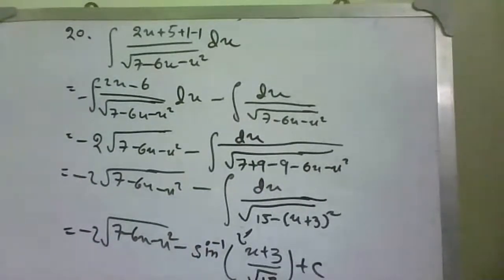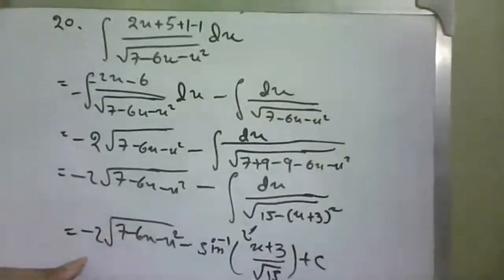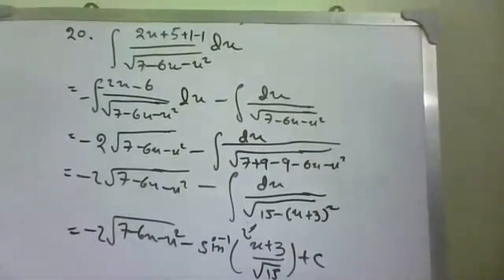Okay, so we have root 15 over here. If it's not visible, then okay, 5 more to go.